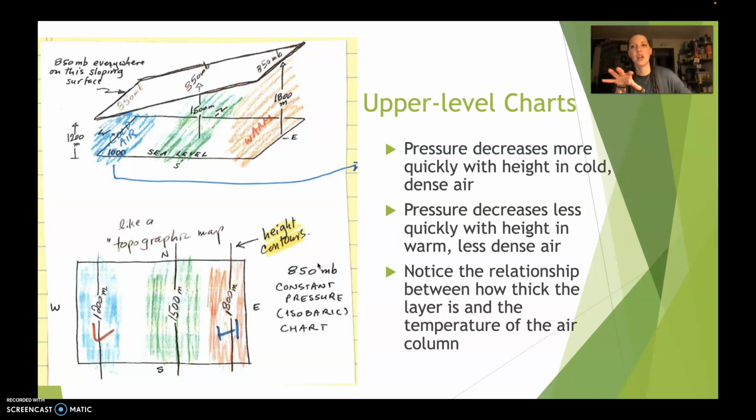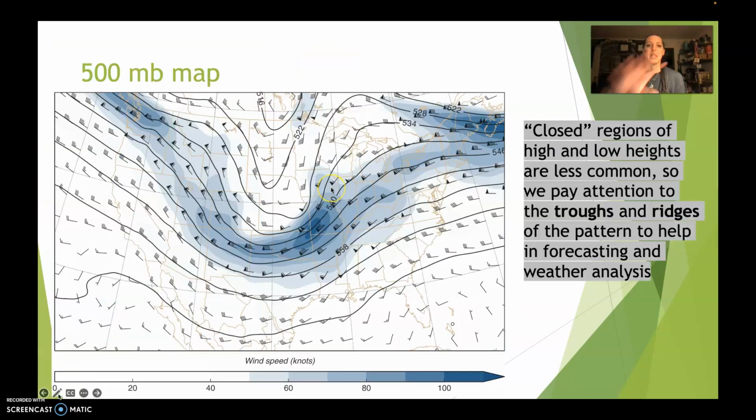So in contrast to when we look at pressure or surface maps, when we're trying to look for closed regions of low or high pressure, in our upper levels we're really just looking for patterns, more like wavy sort of patterns. It's less common really to see these closed regions of circulation.